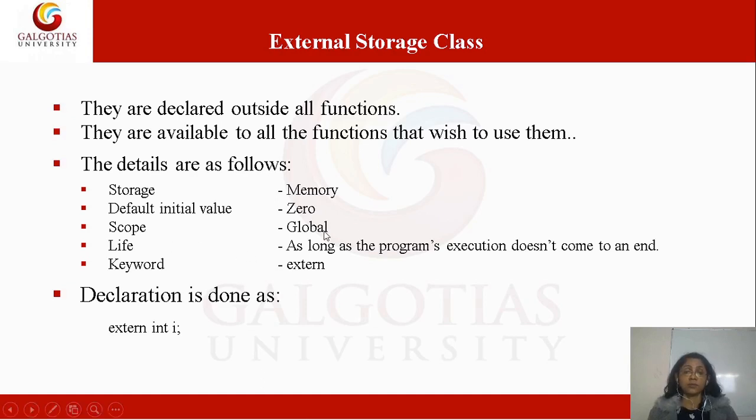Here the scope is not local, the scope is global. It will be accessible across functions and is declared outside the function. The lifetime of this variable will be as long as the program's execution does not come to an end. And the keyword used for this storage class is extern.